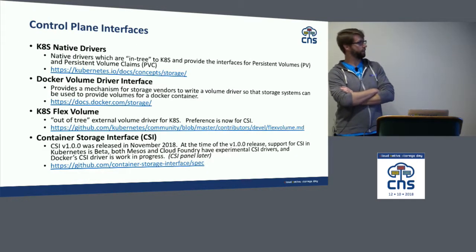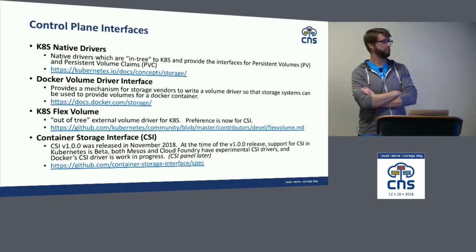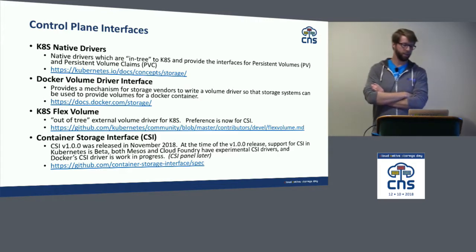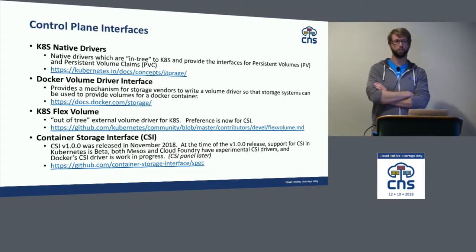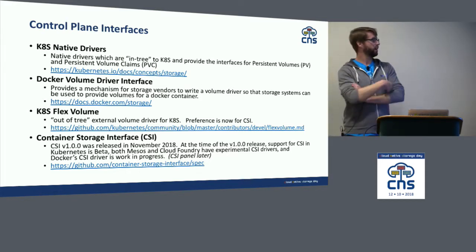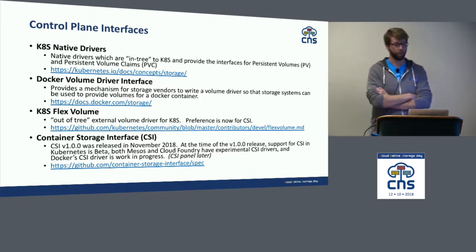So for container storage, we have a couple of different control plane interfaces. The first one we're going to talk about is the native in-tree volume plugins for Kubernetes. Now, there's a very broad set of coverage across a lot of cloud providers and a lot of storage vendors that these in-tree volume plugins give the ability for those storage systems to provide their data services to your workloads, to your containers and pods running in Kubernetes.